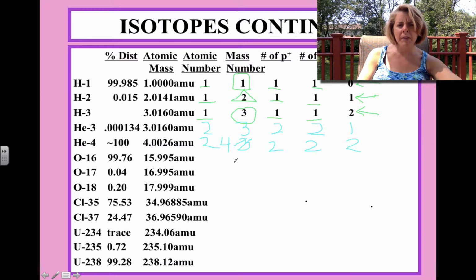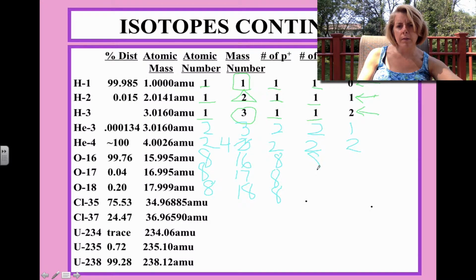So it's always the mass number minus the atomic number to tell you the number of neutrons. Okay, so for oxygen, these are all 8s. And for the mass number, I'm just going to write the number that's after the element symbol, so 16, 17, and 18. And then for the number of protons, I just use the same atomic number.